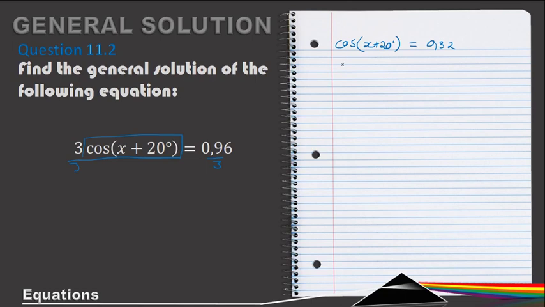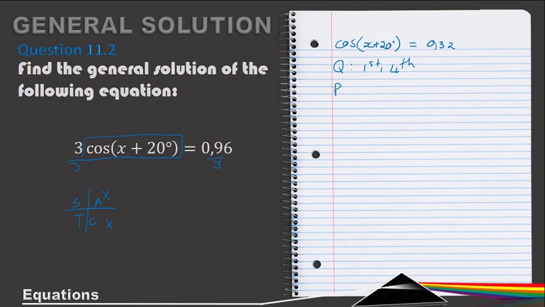Alright, so QRS quadrant, we see that this is a positive value, and cos is positive in the first quadrant and the fourth quadrant. So we have first quadrant and fourth quadrant.